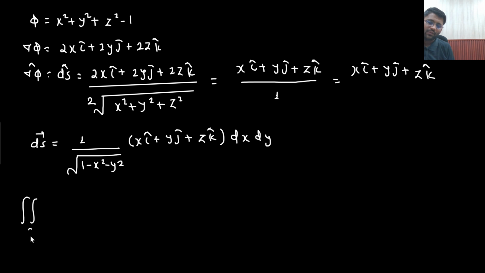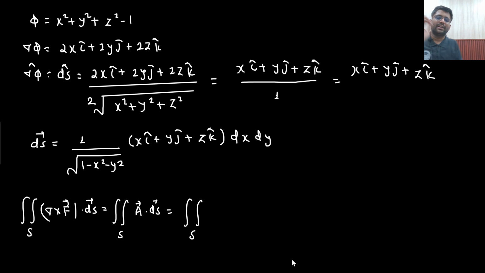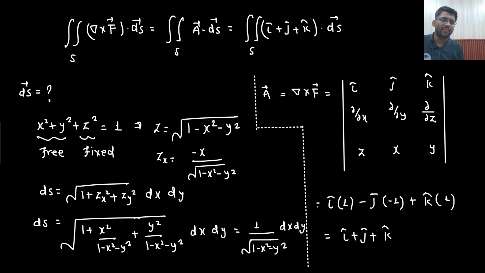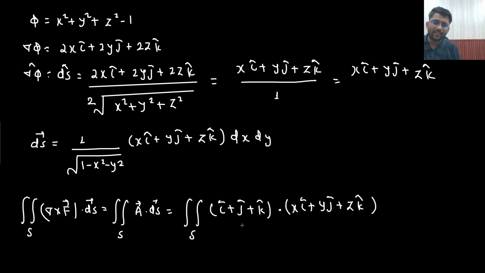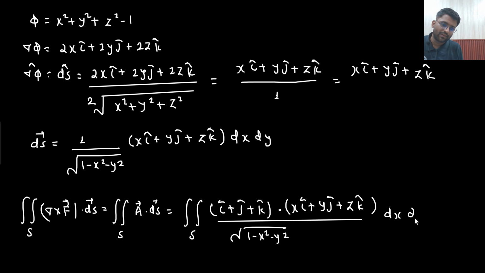Now what are you supposed to calculate? You are supposed to calculate curl F dot dS, which will be equivalent to A dot dS over the surface S. Now what is A? A is i cap plus j cap plus k cap. Dot product with x i cap, y j cap, z k cap, because I am writing down the dS vector, divided by under root 1 minus x square minus y square dx dy.